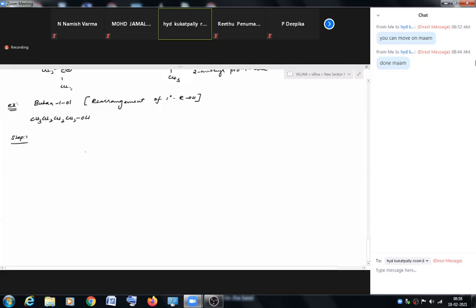In step one, the same attacking of H plus on the lone pair of the alcohol group will be common. So you have H plus. Here also you'll have oxonium ion, CH3, CH2, CH2, CH2, OH, H, oxygen with the positive charge, oxonium ion.